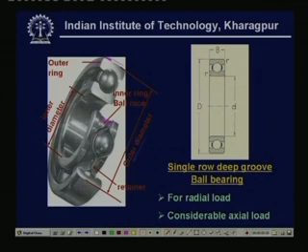Normally in the bearing, the design is such that the outer ring, having an outside diameter, is placed inside what you call the bearing holder or the bearing block, and this is the inner diameter onto which the rotating shaft is assembled.